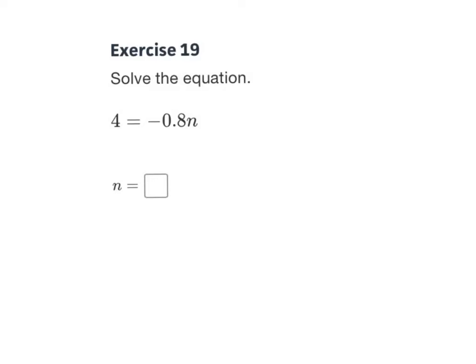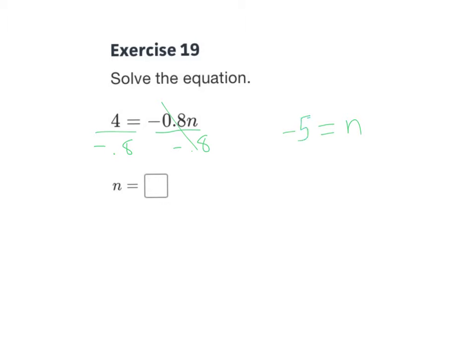On number 19, I've got negative 0.8 times n. So the inverse of multiplying by negative 0.8 is dividing by negative 0.8. And so on this side it cancels, leaving me with n is equal to 4 divided by negative 0.8, is negative 5.